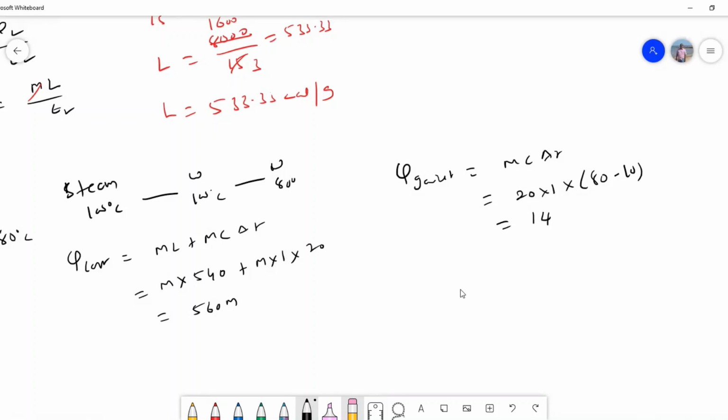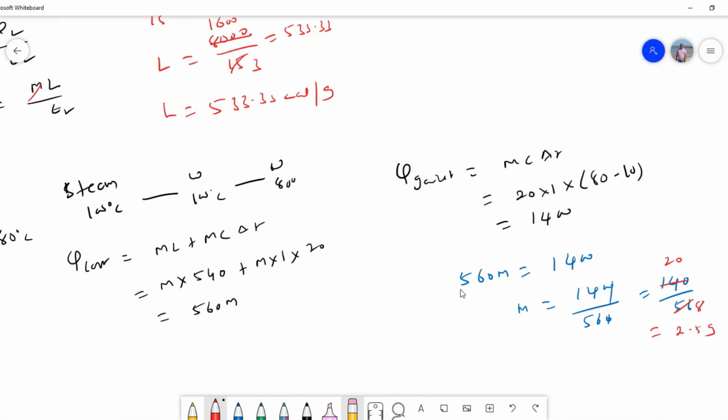So nothing but this is 1400. We all know heat lost equals heat gained. Let us equate 560 m is equal to 1400. M is equal to 1400 by 560, nothing but 140 by 56. So nothing but 2.5 grams.